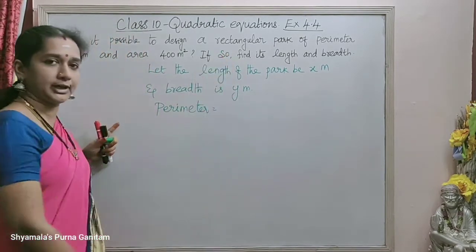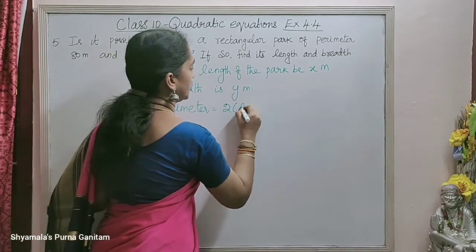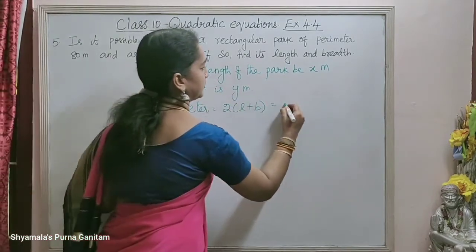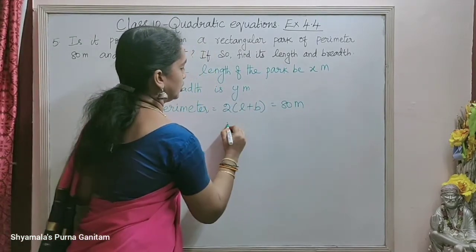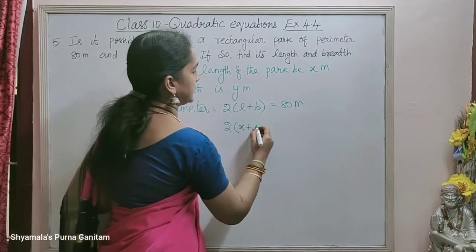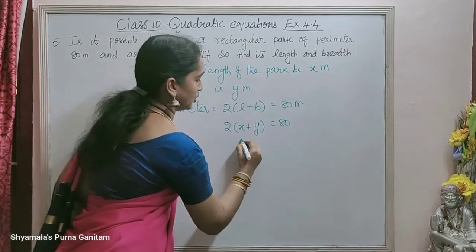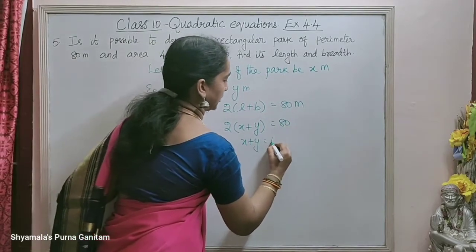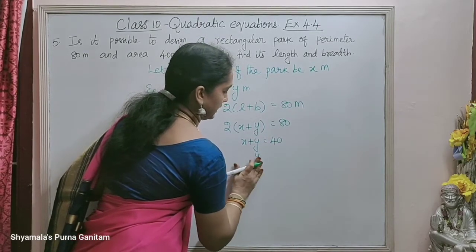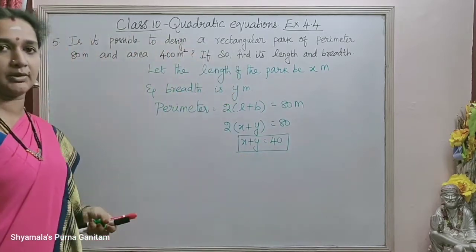What is the perimeter of a rectangle? 2 into (L plus B). So 2 into (L plus B) is 80 meters, so 2 into (x plus y) is equal to 80. So x plus y is equal to 40. We will consider this one.